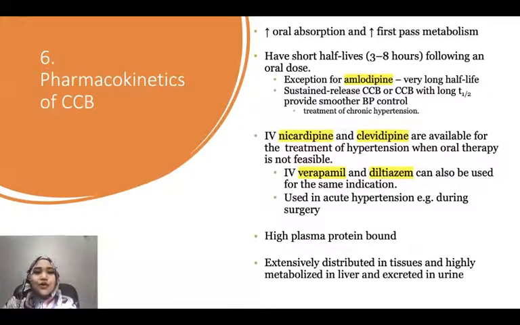So a lot of these intravenous CCBs will be used. And most calcium channel blockers have high plasma protein binding, and are extensively distributed in the tissues, metabolized in the liver mostly, and excreted via urine.